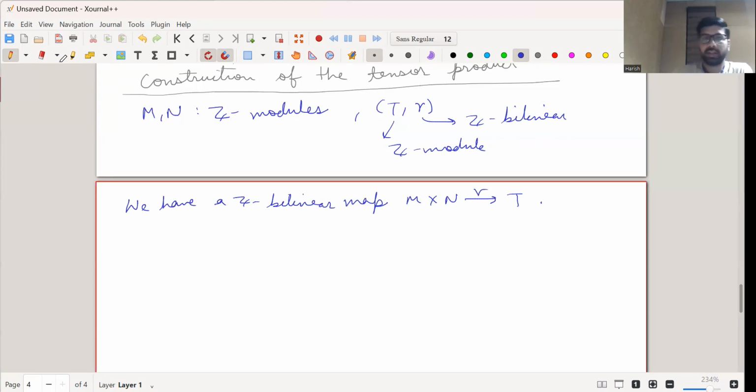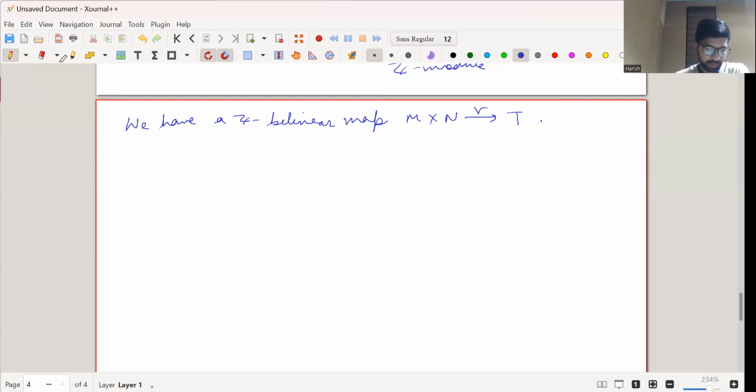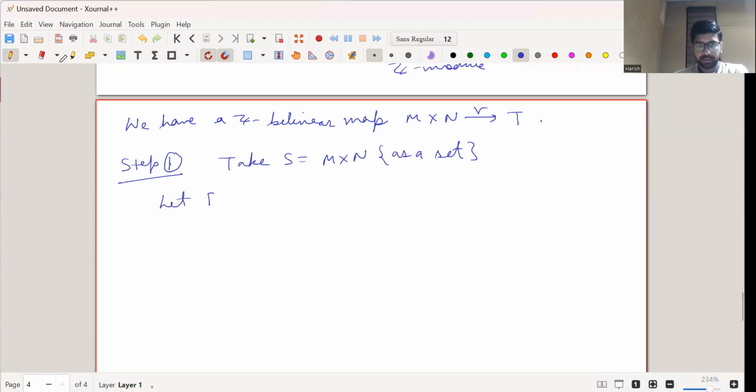Okay. So how can you construct a tensor product of M and N? Step one is, take S to be the set M cross N. As a set, collect all the pairs, all the tuples from M and N. Then it is a set, so you can define a free Z module, or a free abelian group, on S in the way we did above.